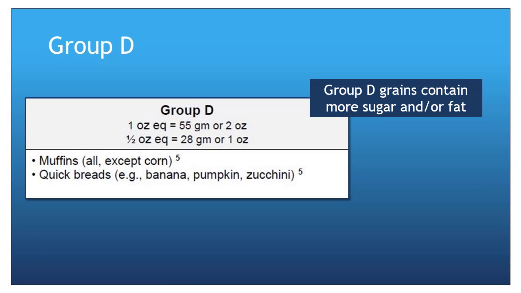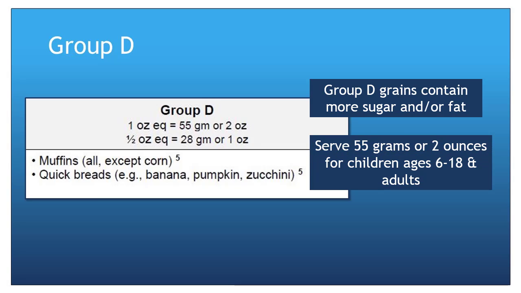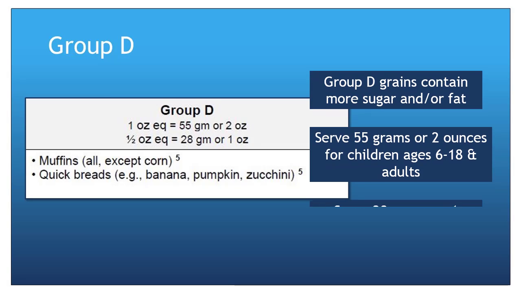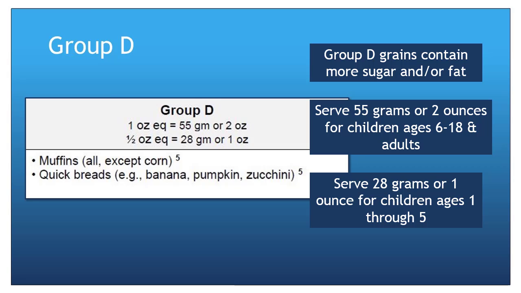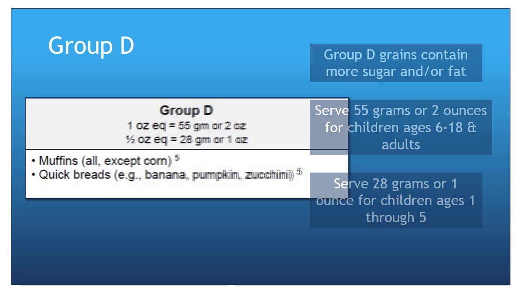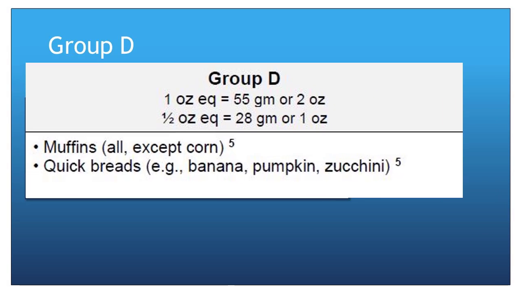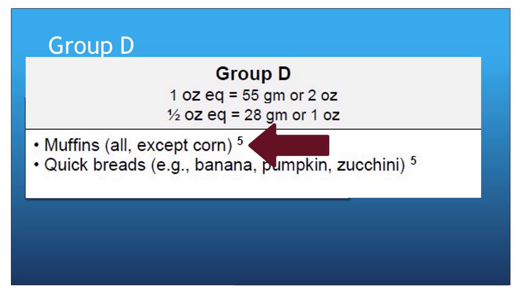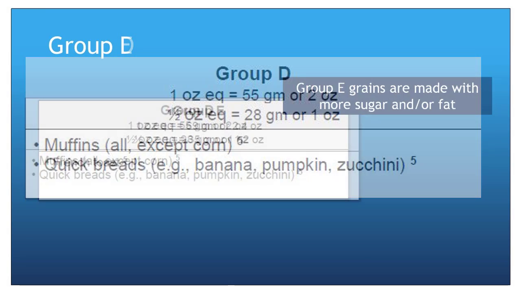Group D includes items with still more sugar and/or fat, so the serving size is larger than the previous group. The amount to serve is 55 grams or 2 ounces for children ages 6 through 18 and adults, and 28 grams or 1 ounce for children ages 1 through 5. The foods in this group include all types of muffins except corn muffins, and quick breads including banana, pumpkin, and zucchini bread.